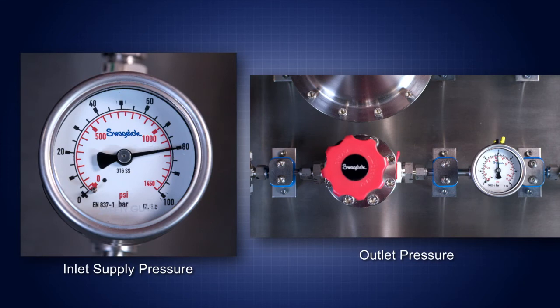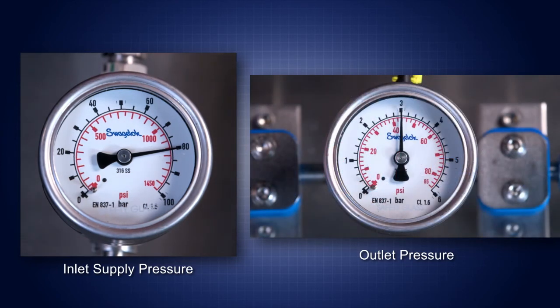At an inlet pressure of 80 bar or 1160 psig, the outlet pressure is 3.0 bar or 43.5 psig. Decreasing the inlet pressure to 70 bar or 1015 psig results in an outlet pressure of 3.1 bar or 45 psig, still an increase, but a smaller one than occurred with the other regulator design.